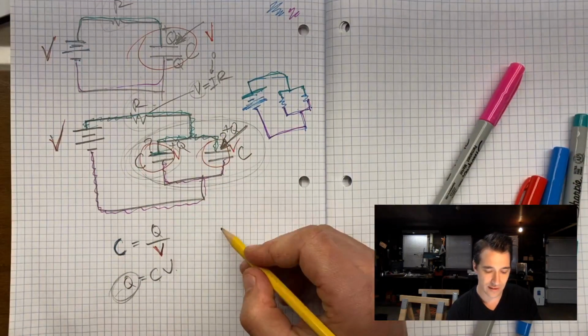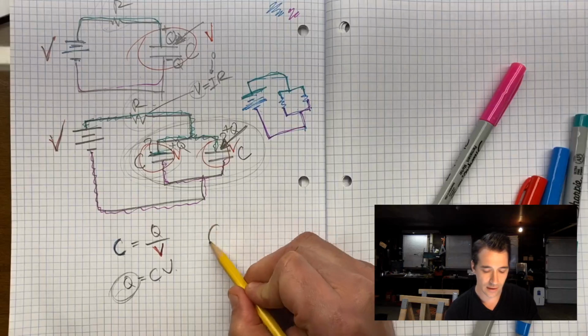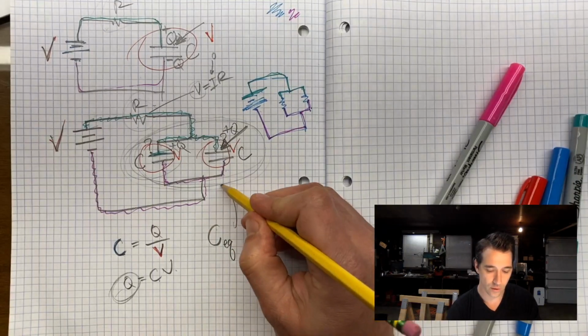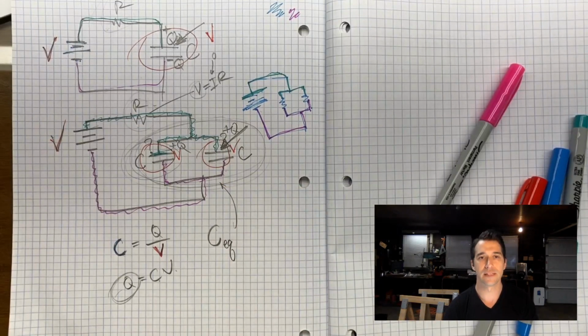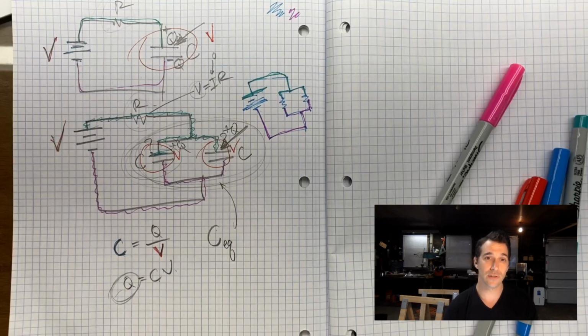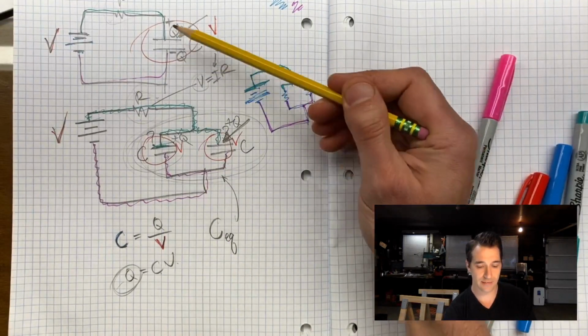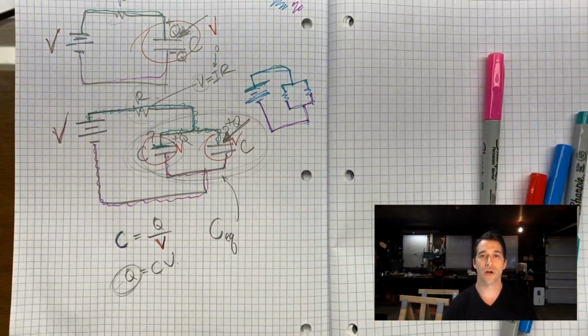Or another way of thinking about this, what is the equivalent capacitance for these parallel capacitors? There's a way to figure it out. There's a formula you can use, and hopefully you can answer that. So give that a shot. But for this question, when they're asking how do these charges relate, charge on this plate versus charge on this plate, those charges are equal.